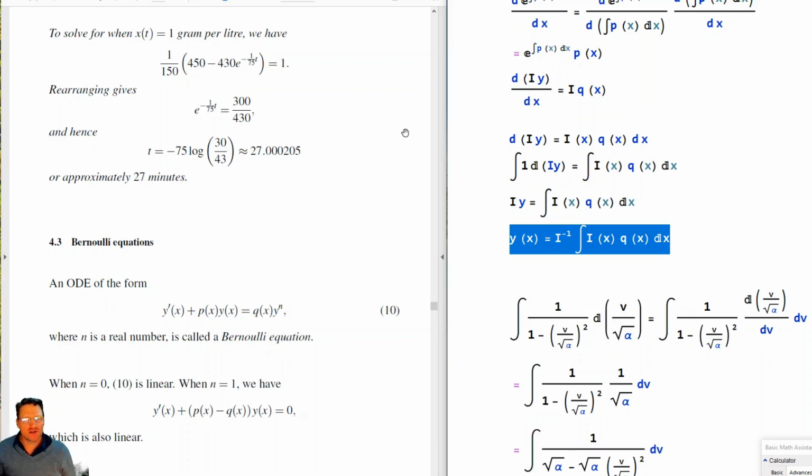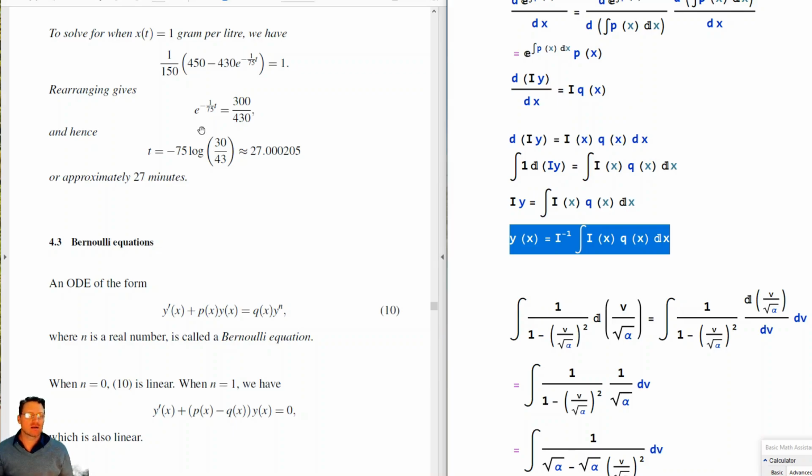Okay, so rearranging that equation, we would multiply throughout by 150, we would take the 450 over, giving us minus 300, and then we would divide that by minus 430 and obtain 300 over 430 is equal to e to the power of minus 1 over 75 times t.